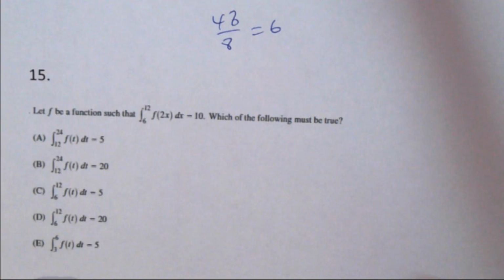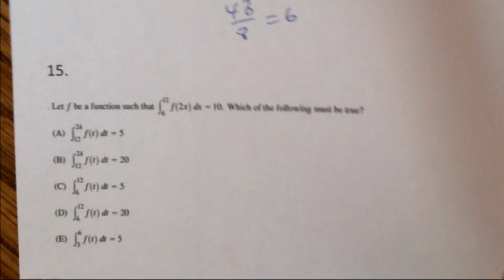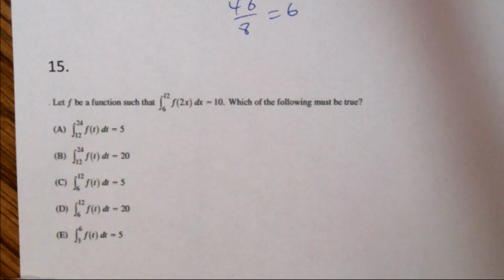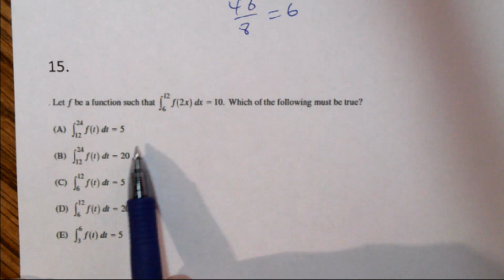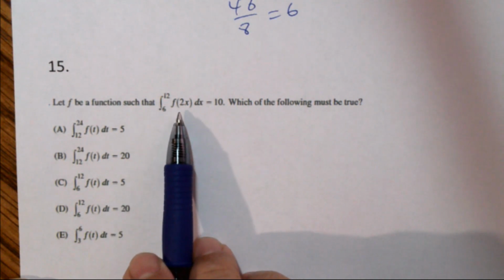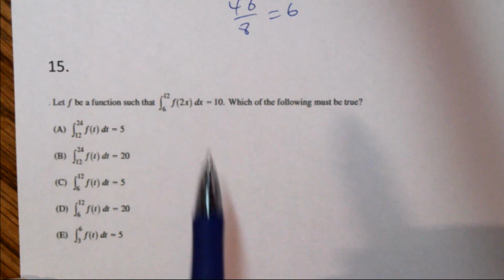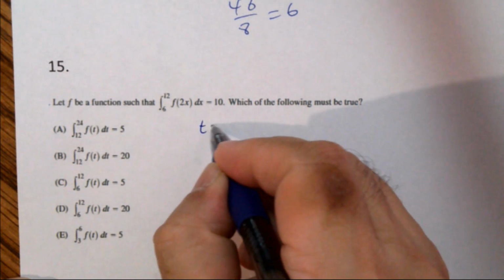15. So that would have been a non-calculator question. All right, 15. Okay, what does it say? Let f be a function such that the integral equals 10. Which of the following must be true? So notice they're changing variables. That means t equals 2x.